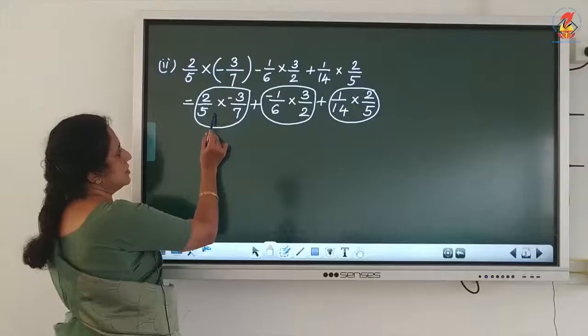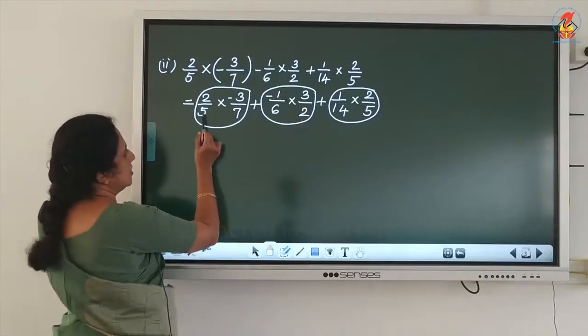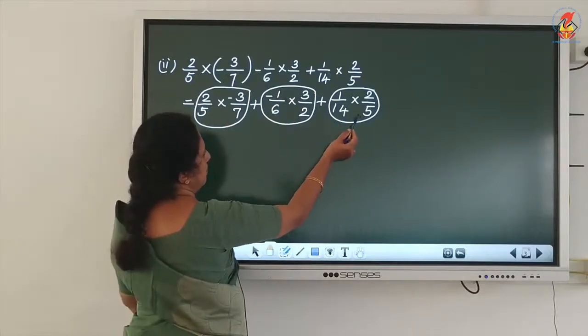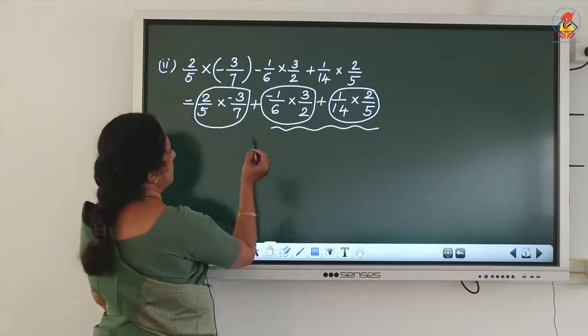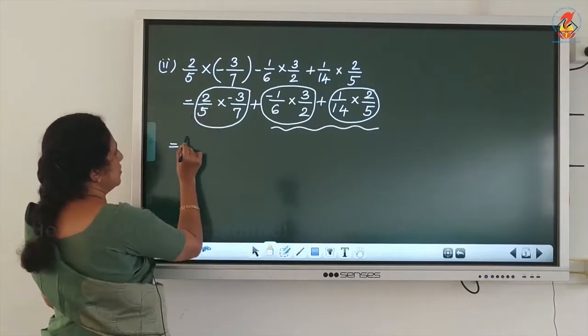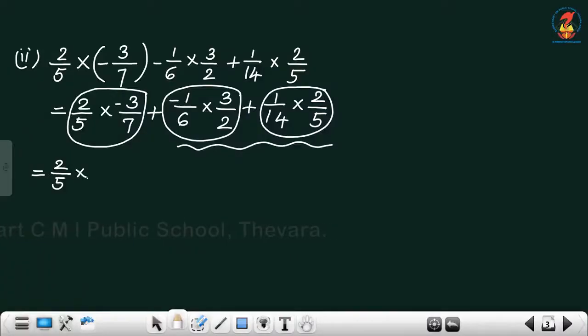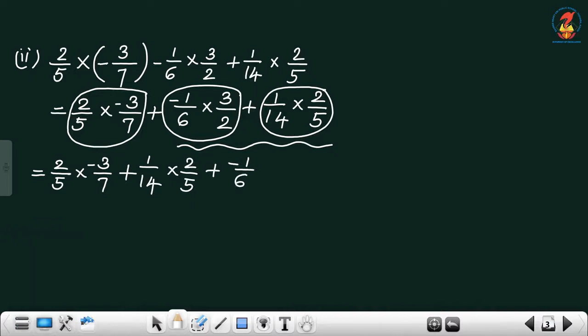Now look at the first and the last terms. 2 by 5 is common. Now we have to change the positions of the second and third terms. Equal to 2 by 5 into negative 3 by 7 plus 1 by 14 into 2 by 5 plus negative 1 by 6 into 3 by 2.